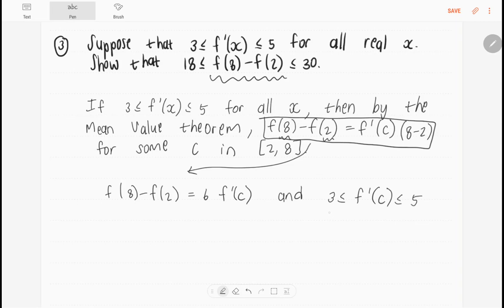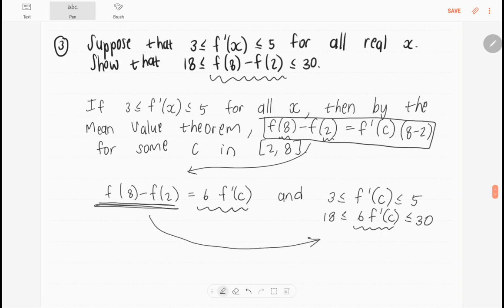If I now multiply through by 6, I get 18 is less than or equal to 6 times f's derivative at c, which is less than or equal to 30. And this is equal to f of 8 minus f of 2. So I can substitute it in here, then I have 18 is less than or equal to f of 8 minus f of 2, which is less than or equal to 30, and that's what I wanted to show.